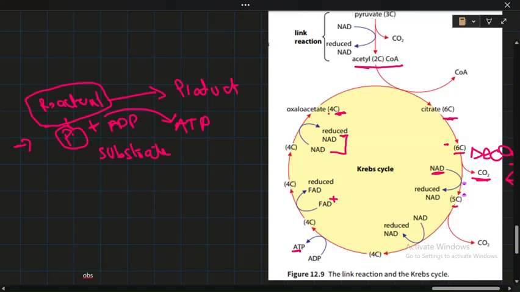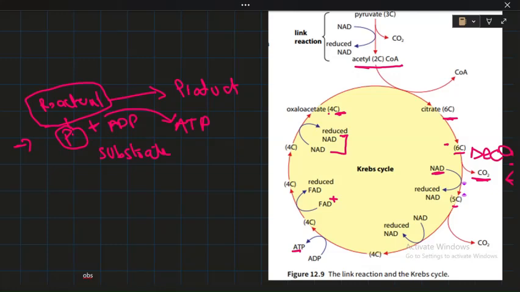The six carbon compound citrate remains the same, and all these carbon compounds whose names are not very essential for you to remember at this point, these are going to remain the same, just like oxaloacetate remains the same and citrate remains the same, right? And oxaloacetate is a four carbon compound.